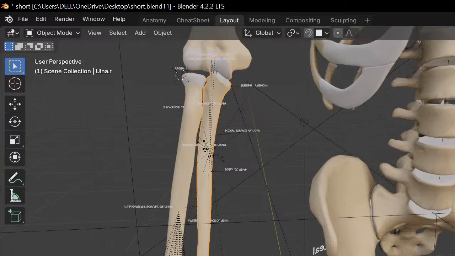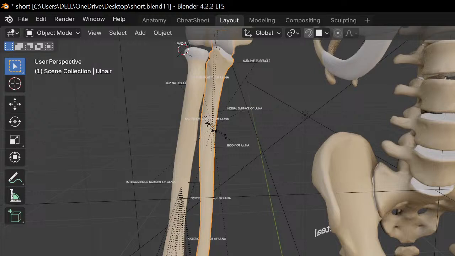Another difference is that the head of the ulna is at the distal end, this point, while the head of the radius is at the proximal end, this place. So they are kind of opposite in the forearm, the ulna and the radius.